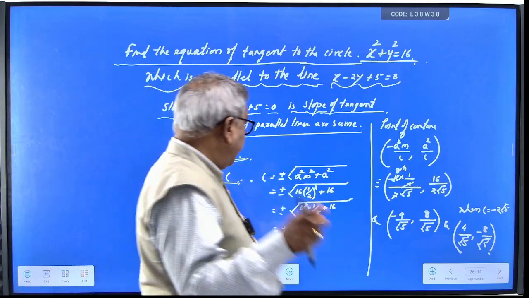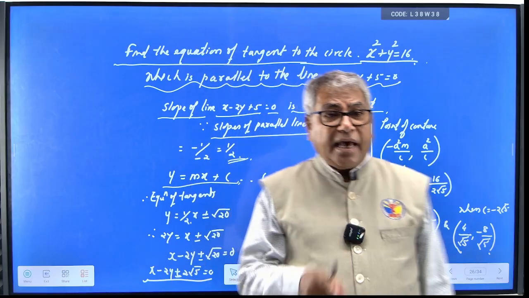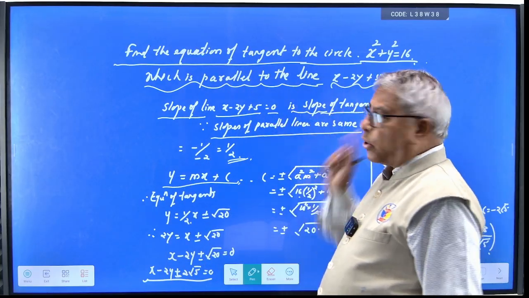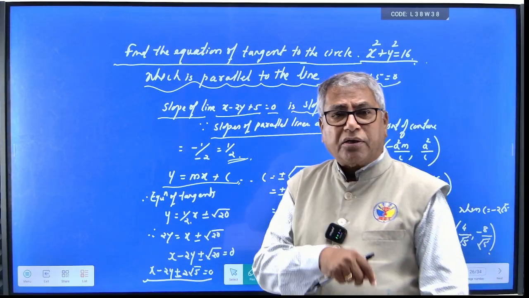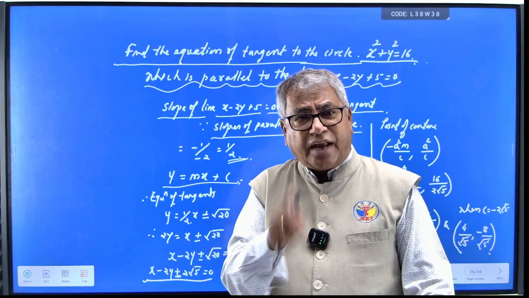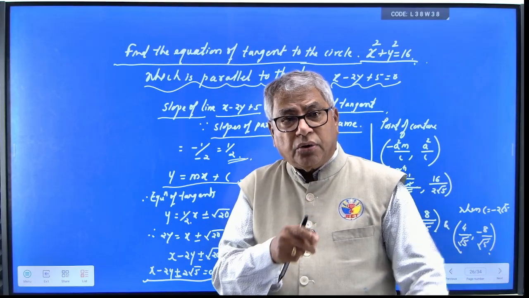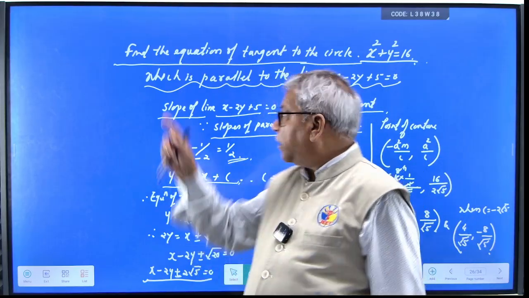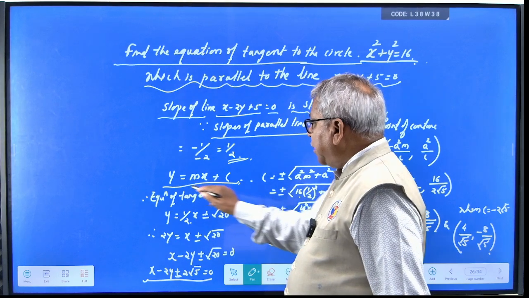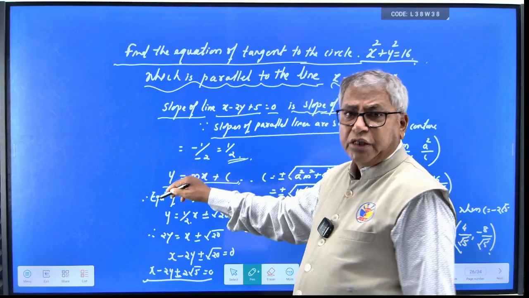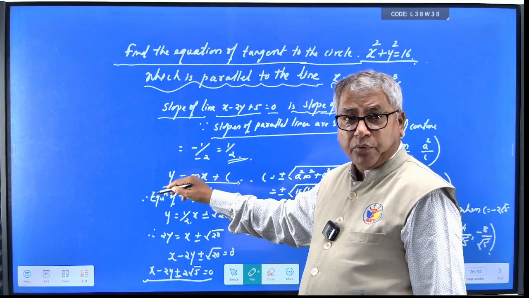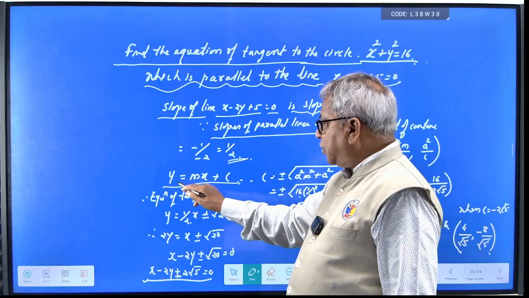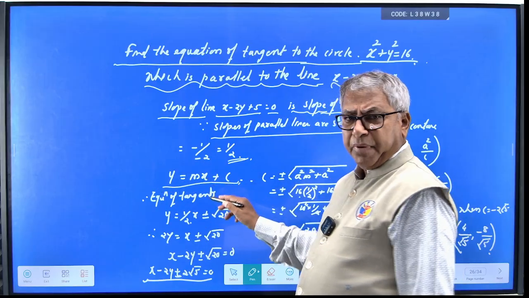Remember that there is a possibility that not only the slopes are given; they may ask you to find the equation of tangents drawn from a point outside to the circle. In that case, what will we do? y is equal to mx plus c. Coordinates satisfy the equation. Say for example 2, 3: 3 is equal to 2m plus c.